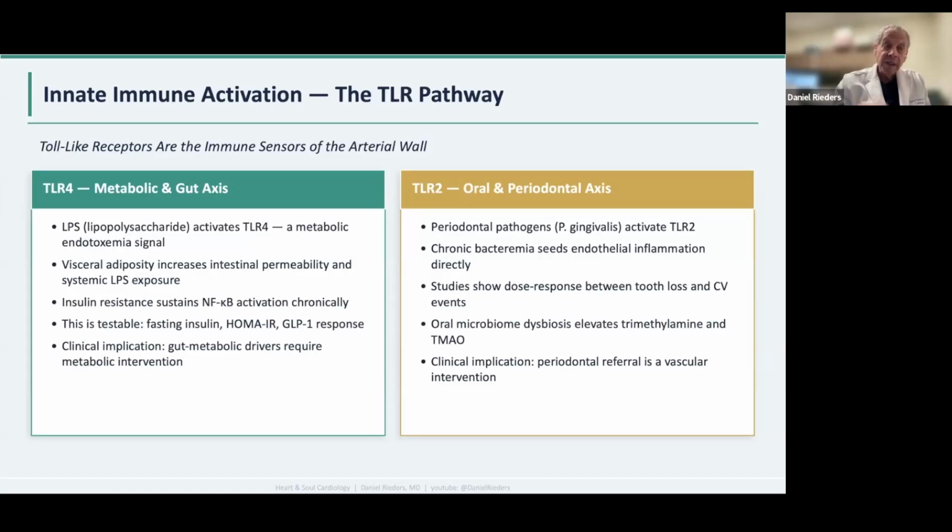So when someone eats food and the gut's not functioning, they leak into the bloodstream something called LPS, lipopolysaccharide, which comes from the cell walls of gram-negative bacteria like E. coli, and they flood the bloodstream.